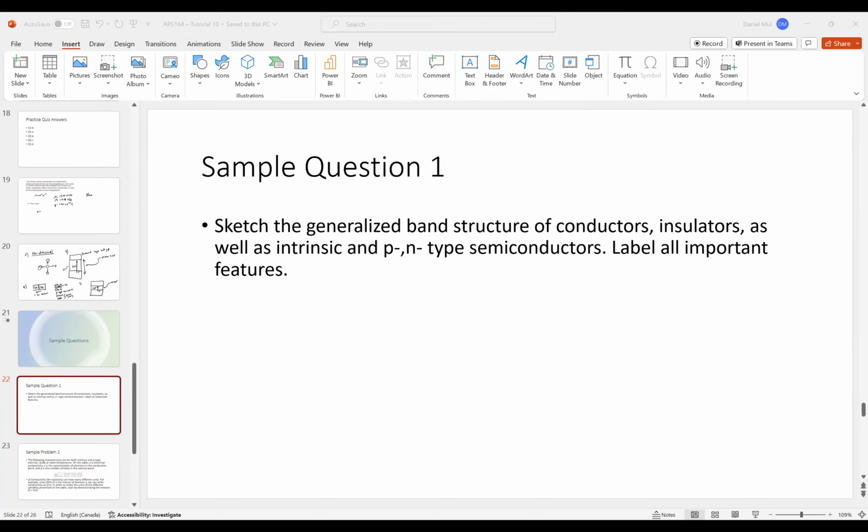So what does an intrinsic have? And what's the difference between that and the insulator? Just look at the middle of the insulator and its band gap. What would the intrinsic have?